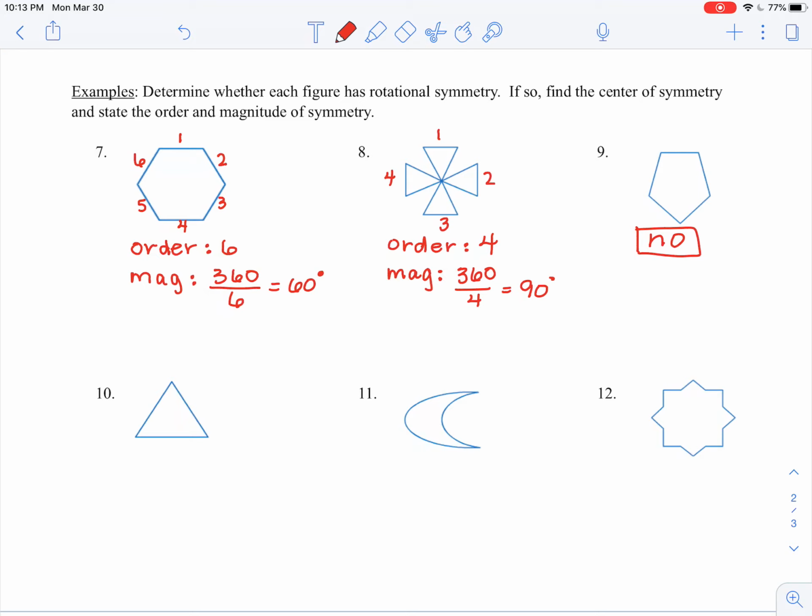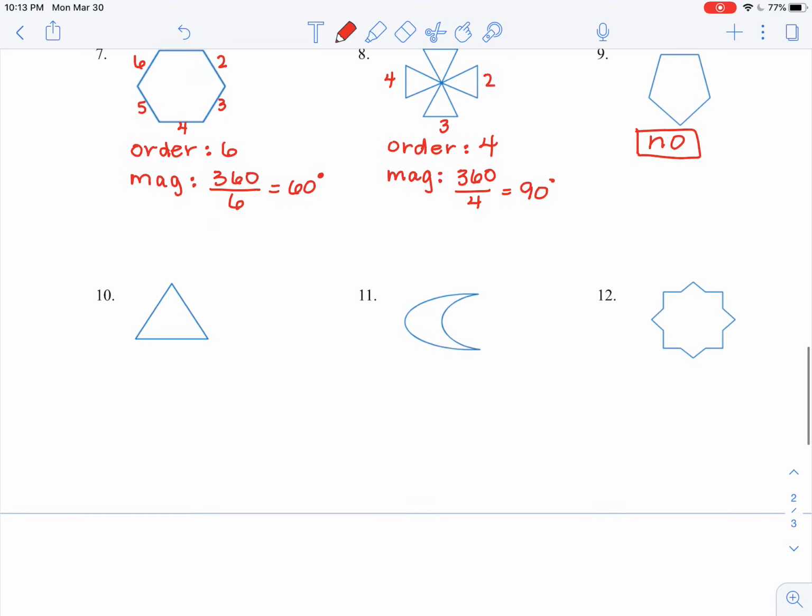Question number 10, we can assume is an equilateral triangle. Since that's a type of regular polygon, we know that it has rotational symmetry and that its order is the same as the number of sides. So an equilateral triangle has an order of 3. Magnitude is always 360 divided by order.